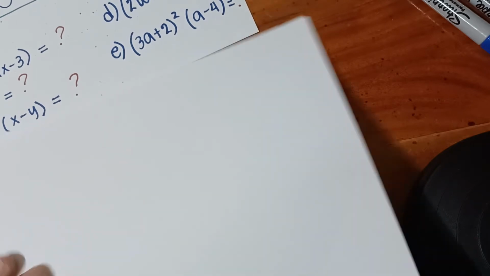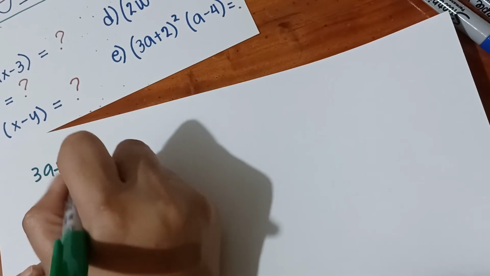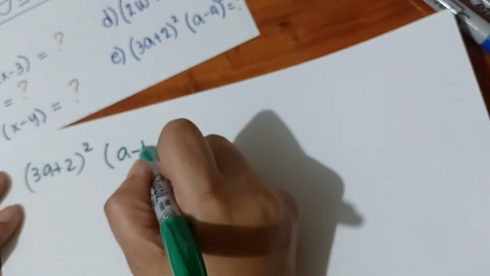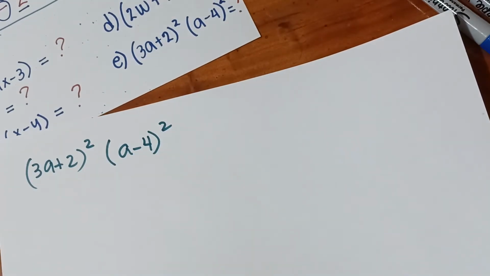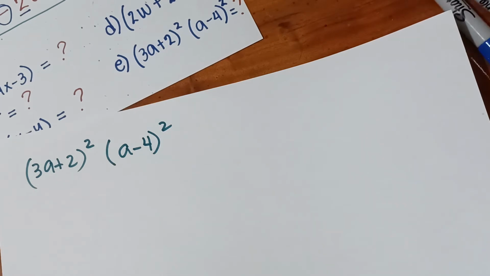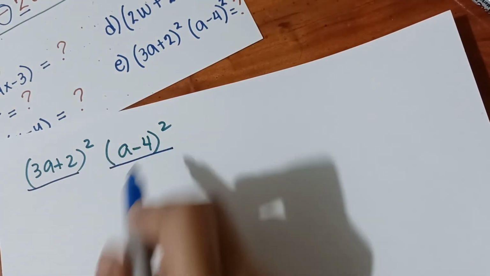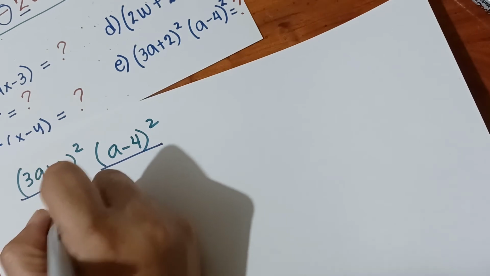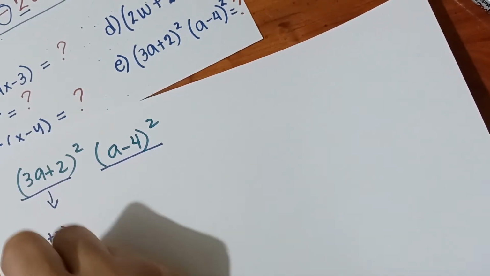So, what if we have 3a plus 2 squared times a less 4 squared. So, the very first thing you will do, if you have this, you are going to distribute or simplify this and simplify this. The answer, that's the time you multiply after. So, you will do this, that will be 3a plus 2 squared.